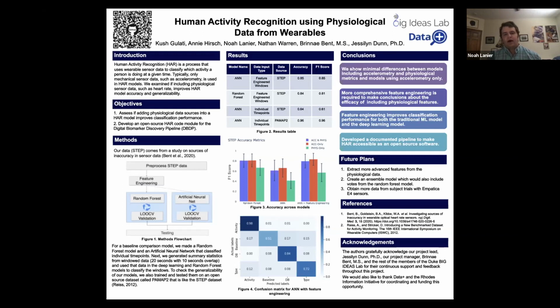So maybe one of the reasons why we're not seeing as good of data as you would see when you look at the PAMAP2 data set, accuracy and F1 of 96, right? That was a HAR experiment, I believe. And so maybe one of the reasons why our accuracy metrics are lower is because it wasn't from a HAR experiment.